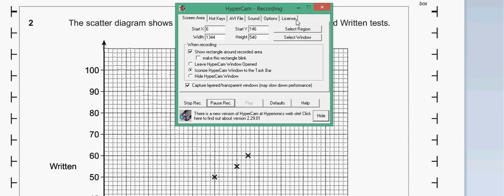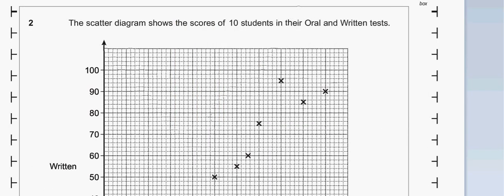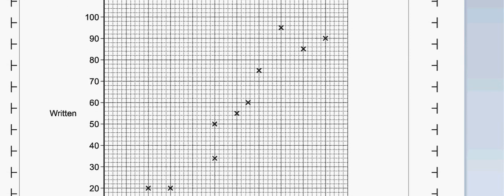Okay, so we've got question 2. The scatter diagram shows the scores of 10 students in their oral and written tests. So we've got our graph here.